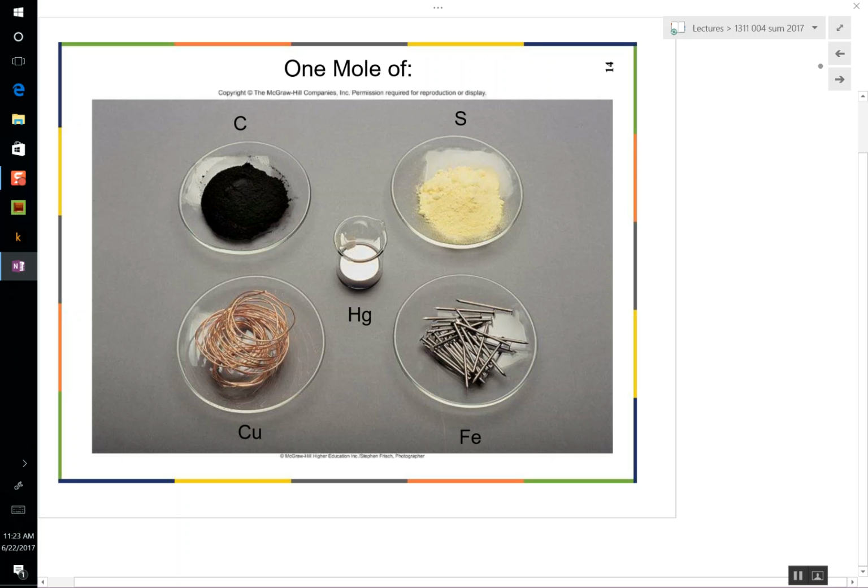Doesn't look like a lot of mercury there, but it's so dense that you can pack 200 grams in a little bit of volume. There's 12.01 grams of carbon. You got a mole. There's about 55.85 grams of iron, or of steel nails. And you got a mole of nails.